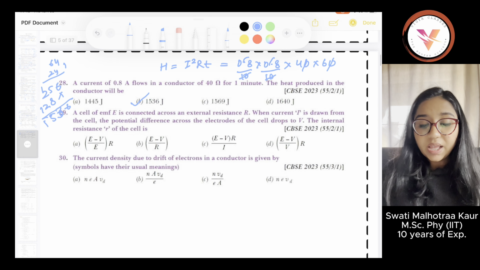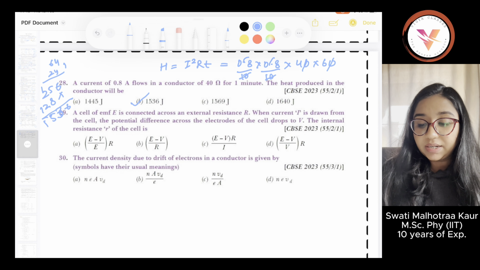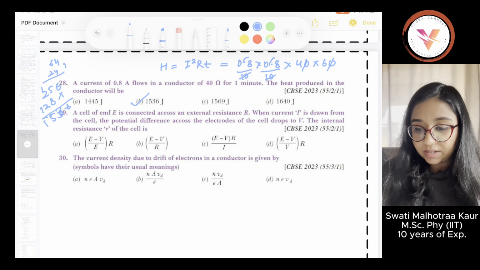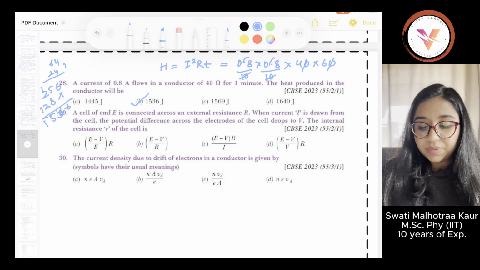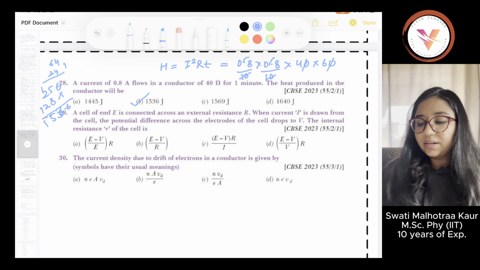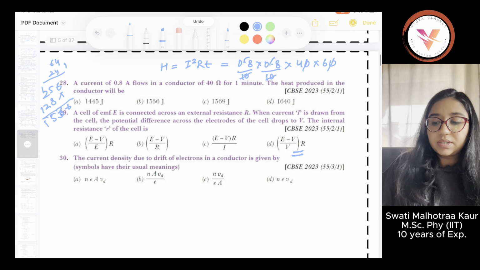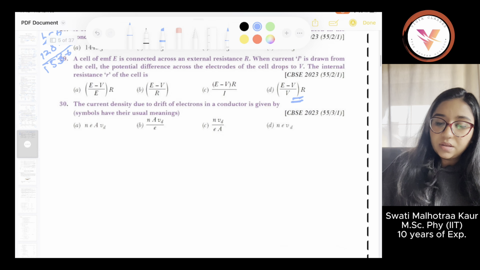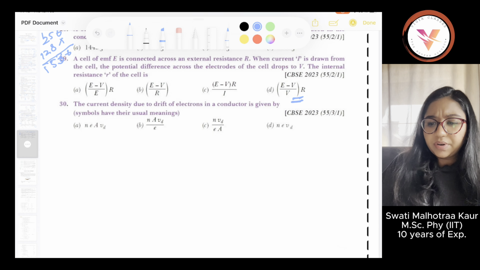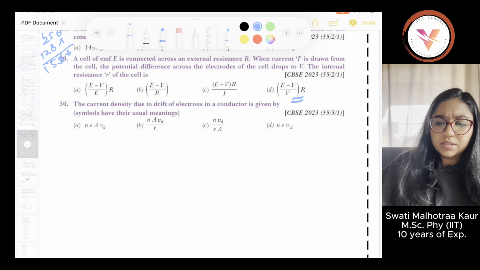Okay. A cell of EMF E is connected across an external resistance R. The current I is drawn from the cell. The potential difference across the electrodes of the cell drops to V. The internal resistance has this relation, you can simply learn it. You can derive it as well, but you can learn it.